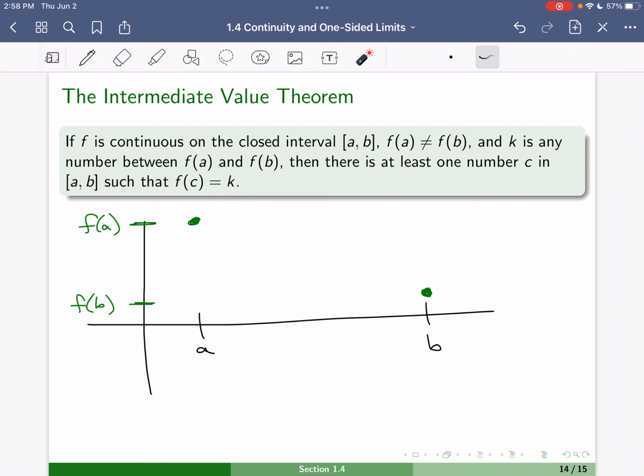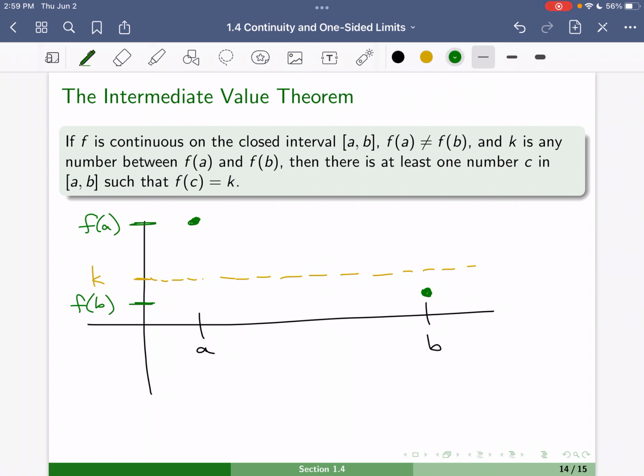So it's continuous. Now, if k is some number between f of a and f of b, so this is the value k, then we are guaranteed to have at least one number c such that f at c is equal to k.